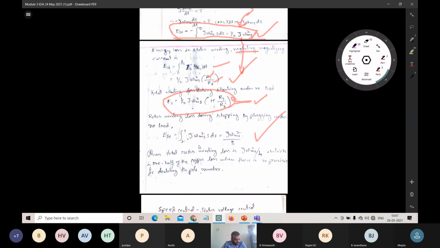What does doubling of the pole number mean? If you want to minimize these losses, you have to make sure that the number of poles of the machine is doubled.